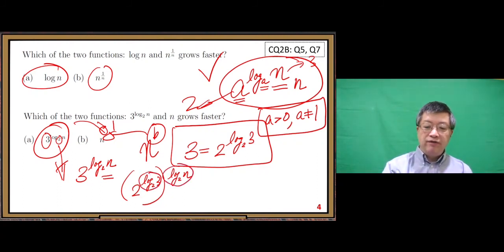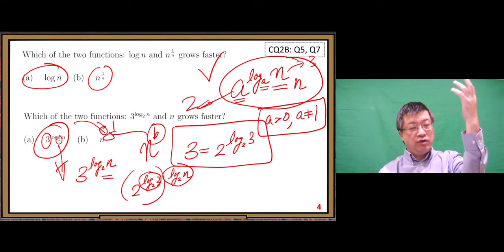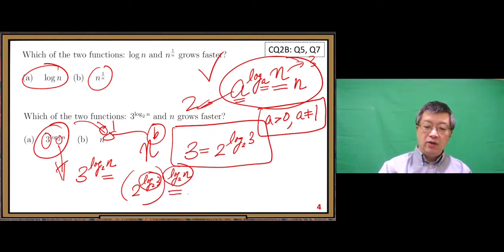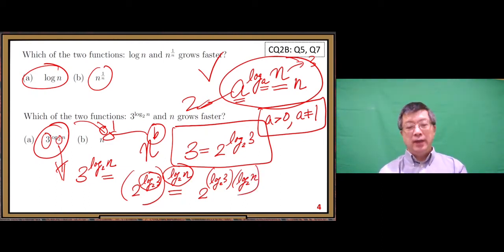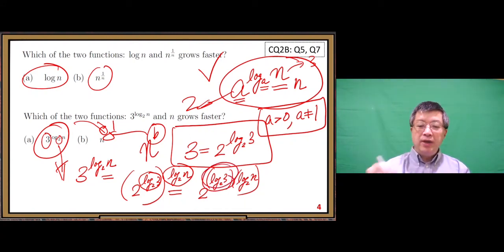By the property of exponential functions, this equals 2 to the product of these two numbers. Can we treat this log base 2 of 3 as a constant b?